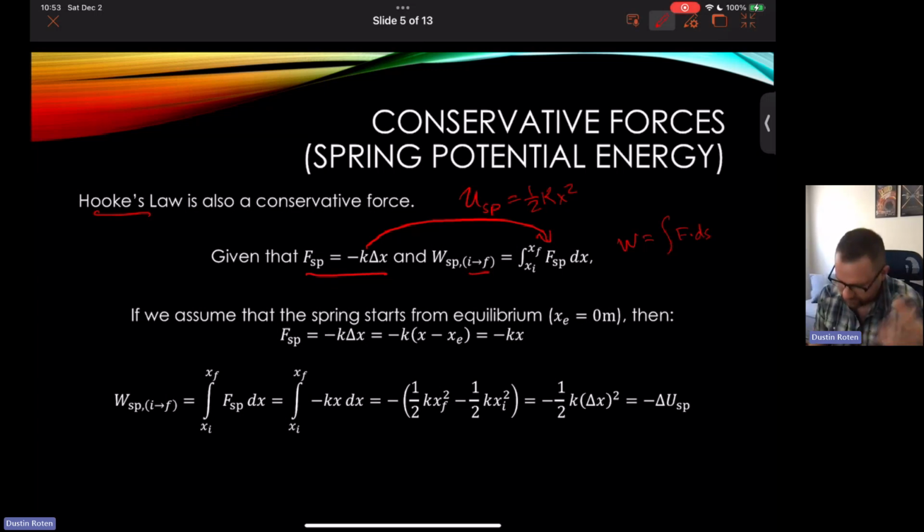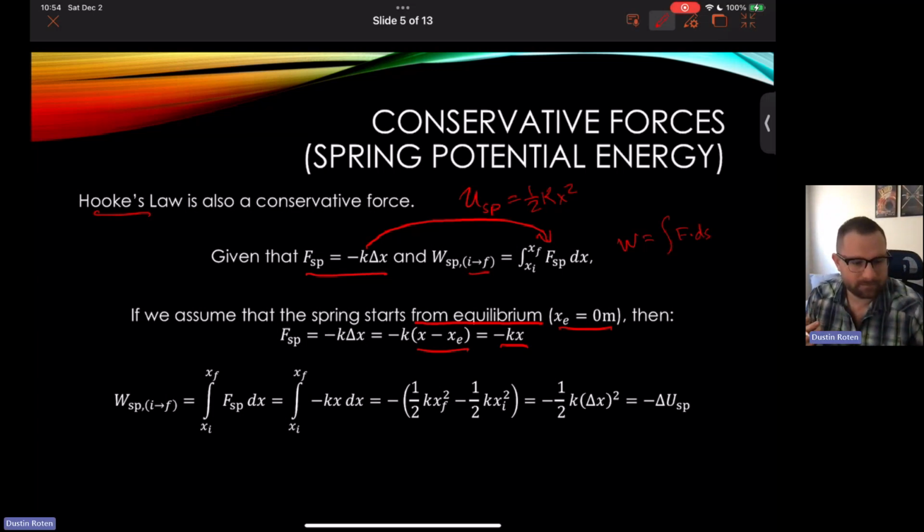Let's assume that the spring starts from equilibrium, so our equilibrium position is just 0 meters. Then the delta x can really just be written as just an x. That way everything's in reference to the equilibrium position, and we don't have to worry about having those two terms floating around.